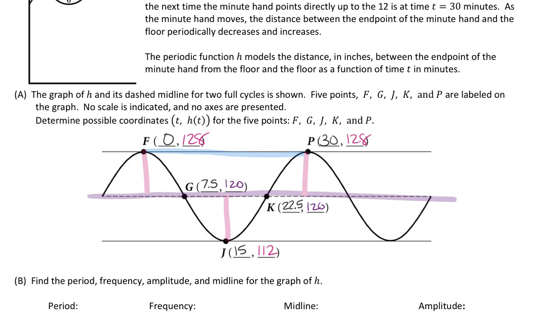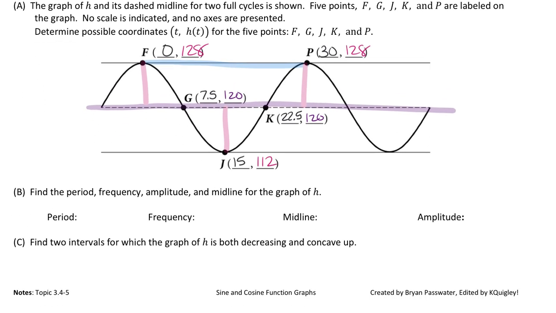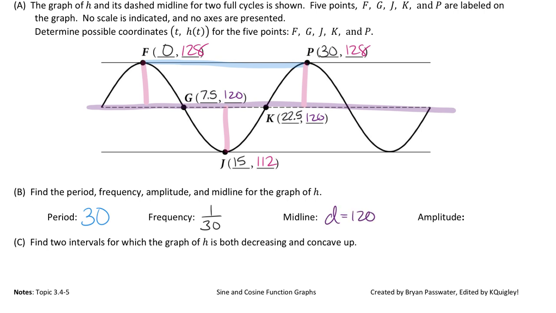Cool, which means we're able to answer questions like B. Find the period. What was the period? 30. Find the frequency. 1 over 30. Just flip the number over. What was the midline? 120. And what is the amplitude? 8.